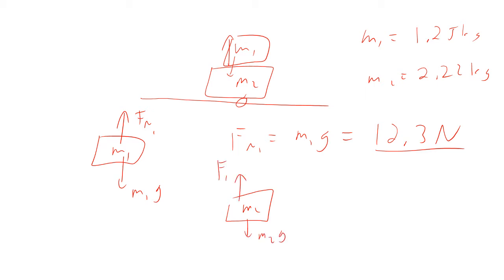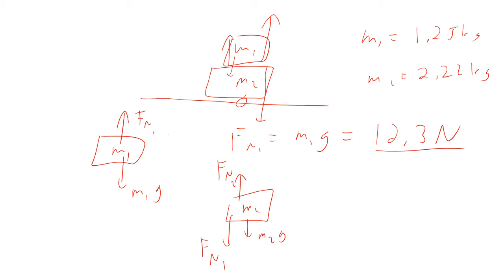Now, for mass 2, M2, we've got M2G pushing down. We have normal 2 pushing up. But Newton's third law: for every force, there is an equal and opposite force. So if there's a force Fn1 pushing up on M1, M1 pushes down on mass 2.